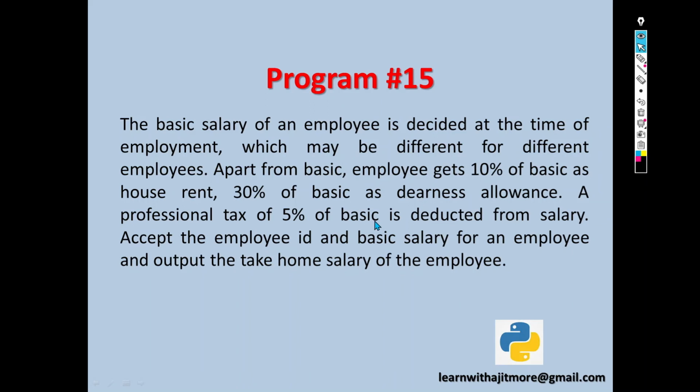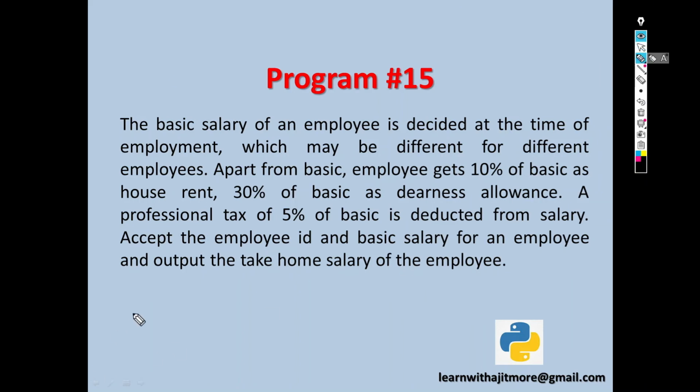Now what we have to do is accept the employee ID and the basic salary of the employee, and display the take home salary. How much salary is he going to take home? The basic salary plus HRA plus DA minus professional tax.